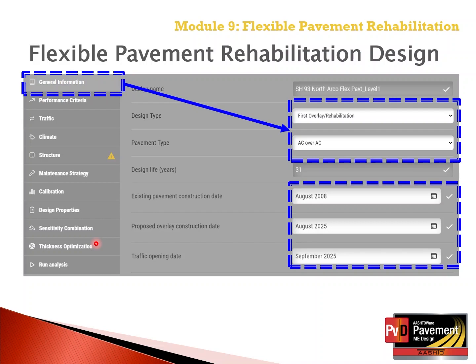And after going through the Pavement ME software for rehabilitation, we will come back to the presentation for Part C and go through a more detailed discussion and explanation of the different inputs and how they're used in rehabilitation design.